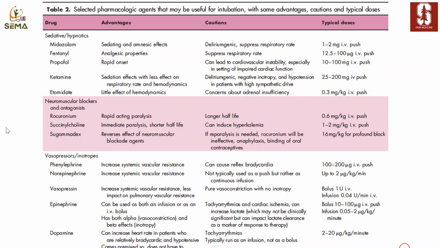So for example, here we have sedative hypnotic drugs, neuromuscular blockers, vasopressors. I would say there is no rough rule for what you give and how much you give. This all depends on your patient.